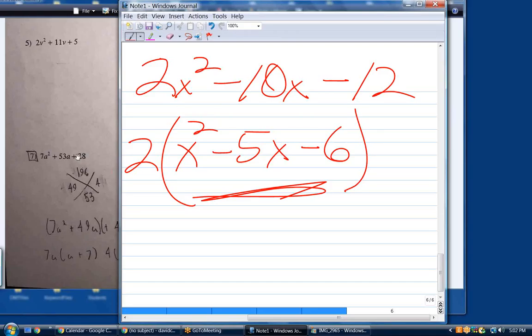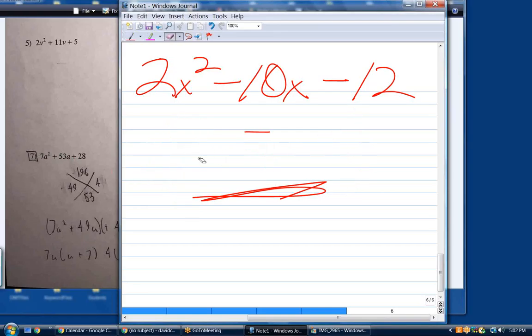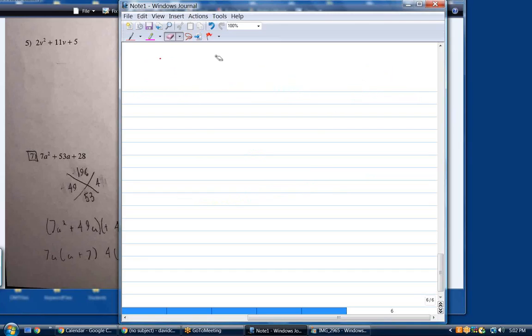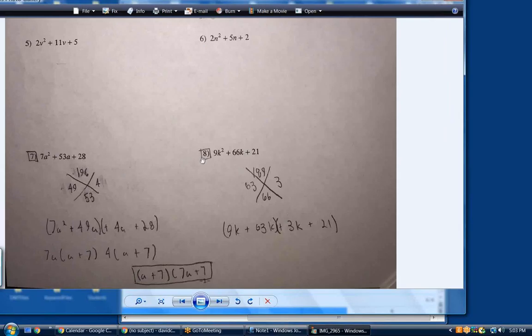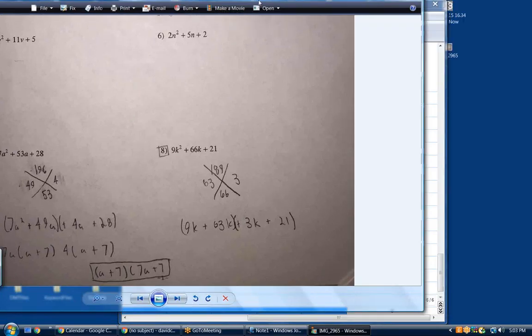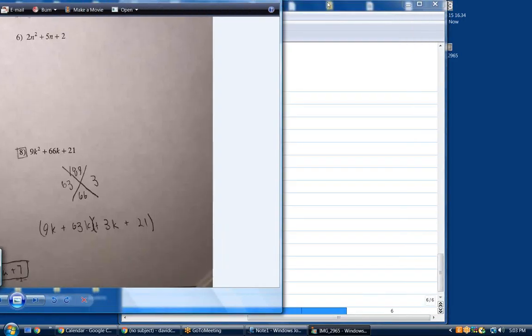If you cannot take a greatest common factor number out of that, then forget about doing it at any point. They may give you a problem like I just laid out. Before I hang up, let's look at 8 real quickly.